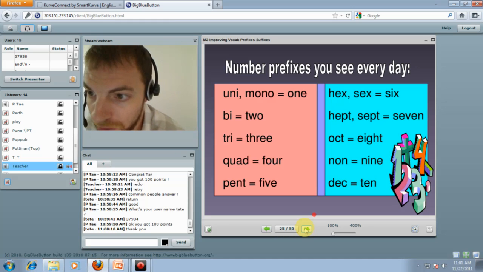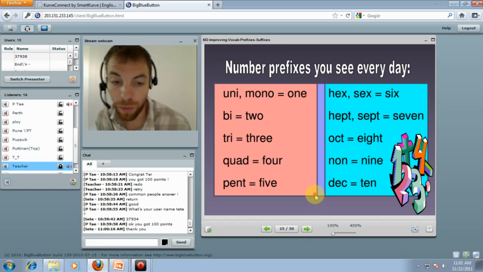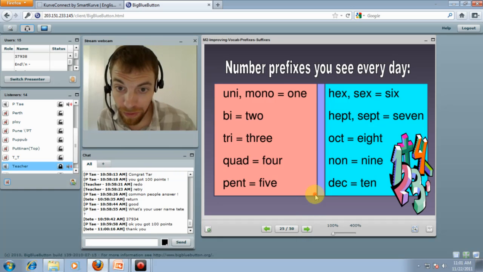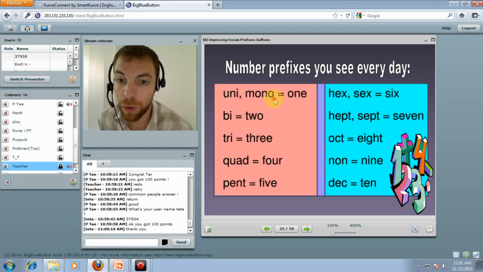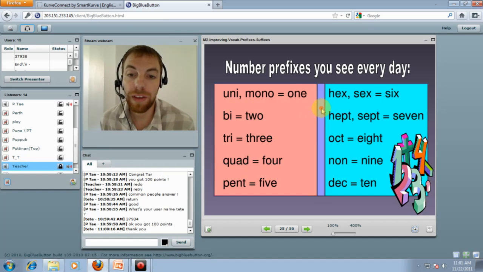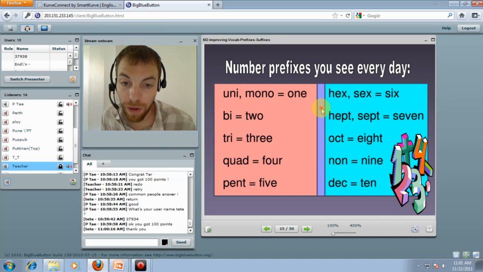So, let's see, number prefixes that we're going to see every day. These are also important prefixes. So, when you see uni or mono, it means one. A unicycle is a one wheel. Cycle means wheel, uni means one.